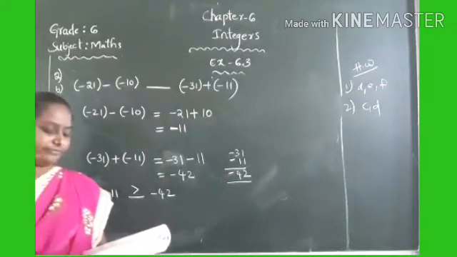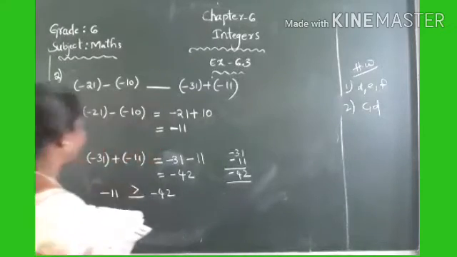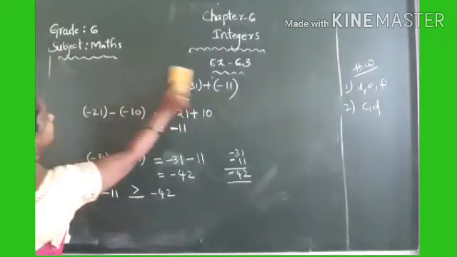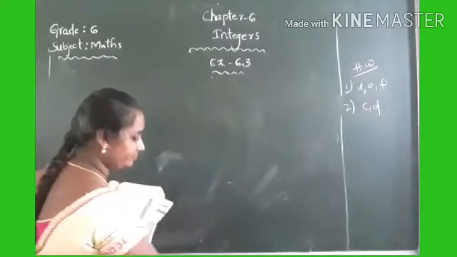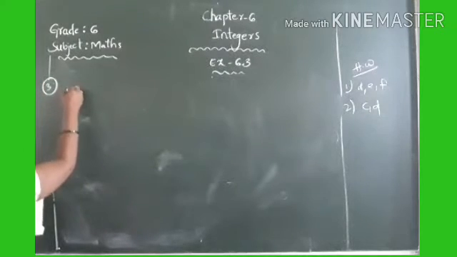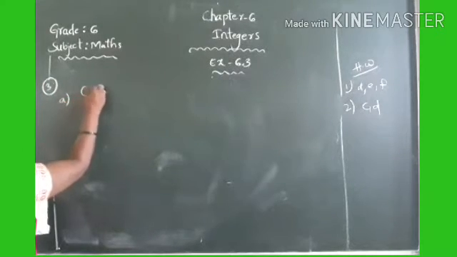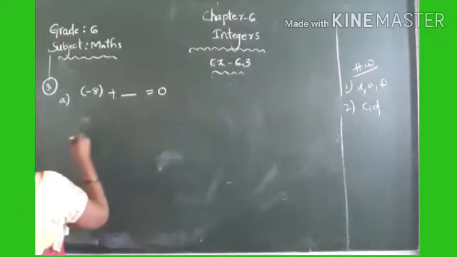Filling the blanks. First one: minus 8 plus dash is equal to 0.